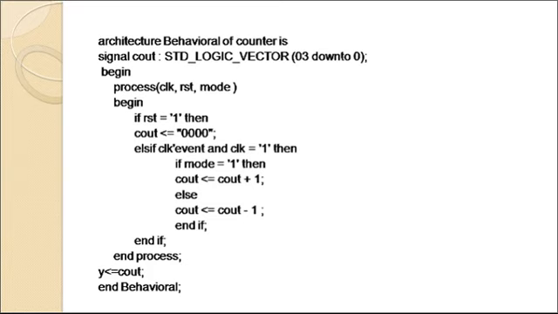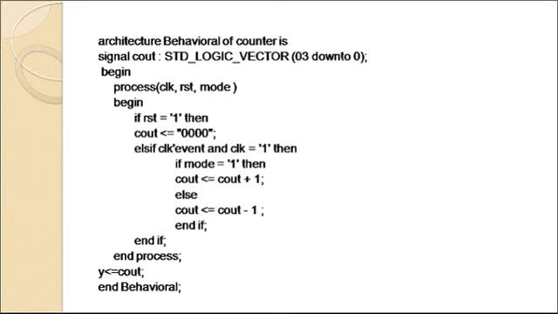If mode is equal to 1, then C out is assigned C out plus 1. Else if mode is not 1, then C out is assigned C out minus 1. That is, you may say, down counting. Means with mode equal to 1 there is up counting, and with mode equal to 0 it is down counting. End if.